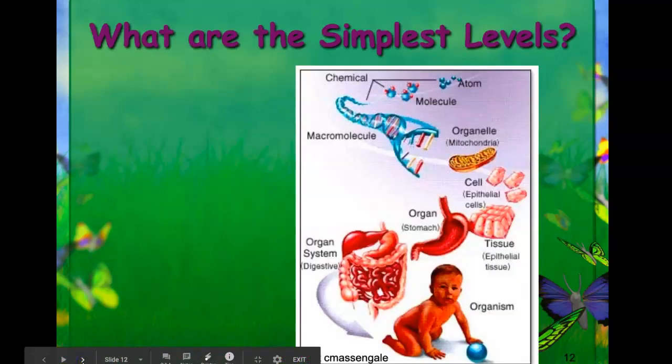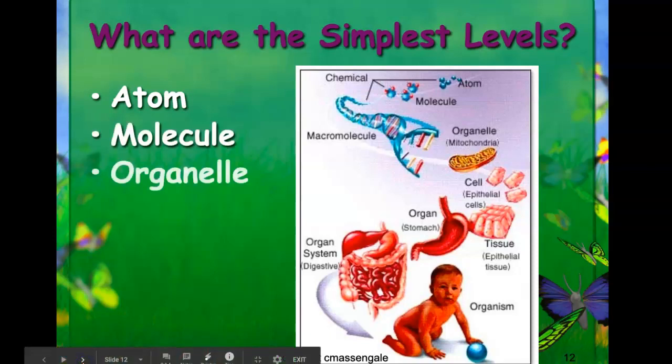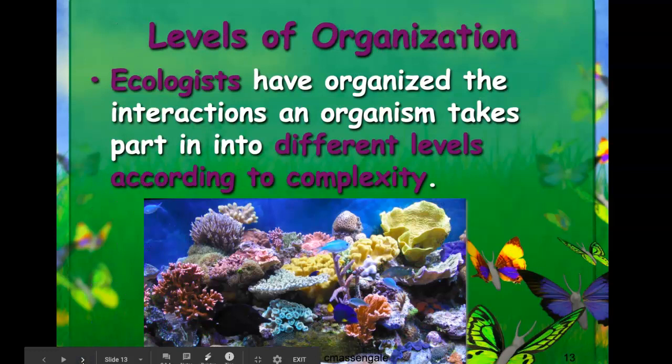So we start off actually with the atom level, and a physicist will argue that you really should start off with quarks, which make up subatomic particles, which make up atoms, which make up molecules, and then an organelle, and then your cell, tissue, organ, system, and then organism.